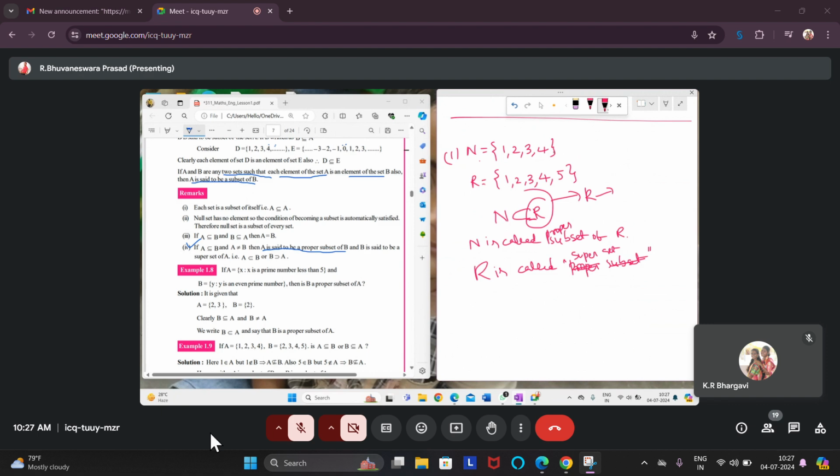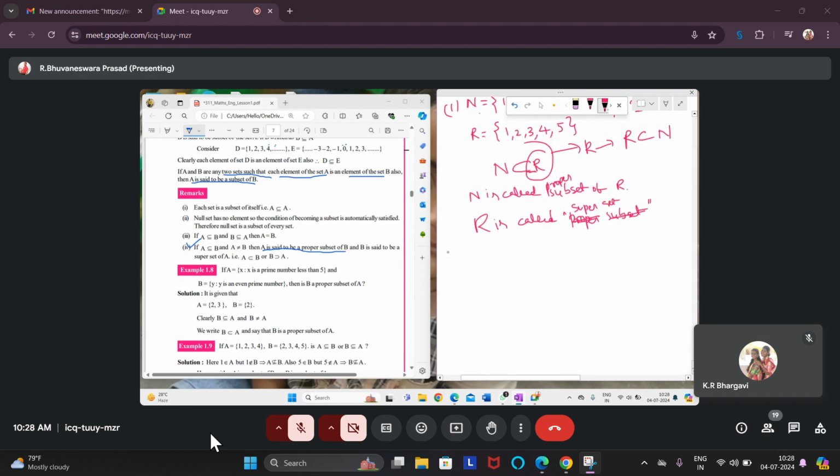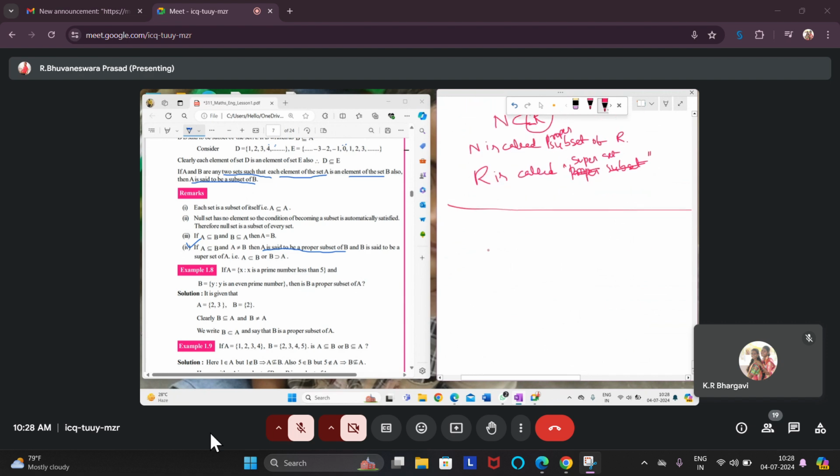ఒకవేళ 5 6 ఉండి ఇక్కడ 5 ఉంది, దెన్ n ఈస్, వాట్ ఈస్ దిస్ సింబల్? సూపర్ సెట్ కదా, n అనేది పెద్దది, నేను దీన్ని r ఈజ్ సబ్సెట్ n అని రాస్తాను. బాగా చూడండి, ఇంకా కొంతమందికి డౌట్ ఉండొచ్చు.